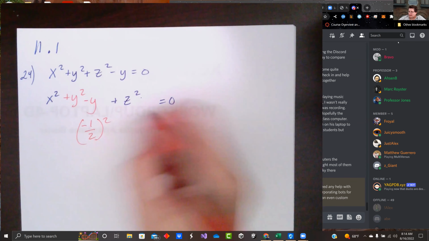What is this giving me? I got a sphere. It's a sphere, right? So we have a sphere. What do we need to know for a sphere? Center and radius. So the center is what?